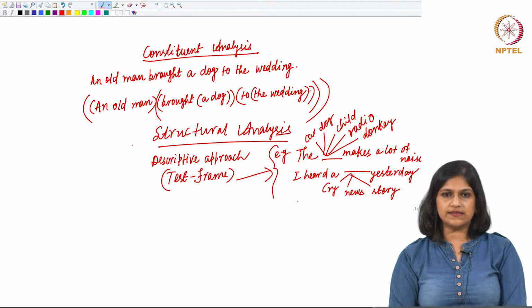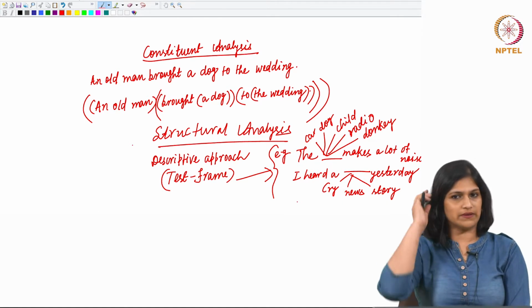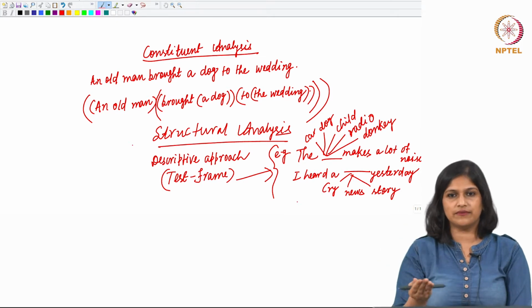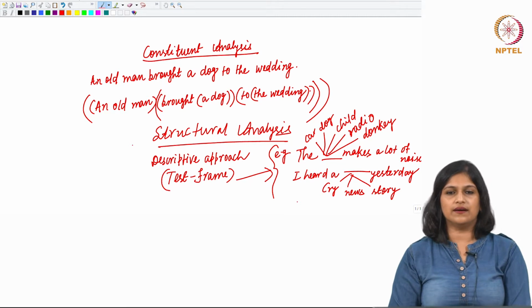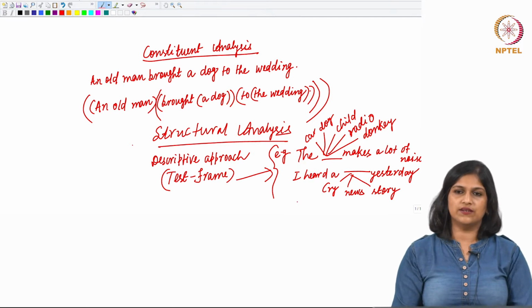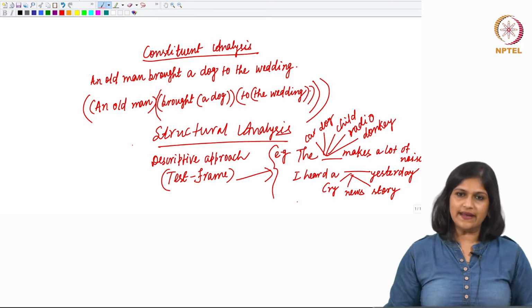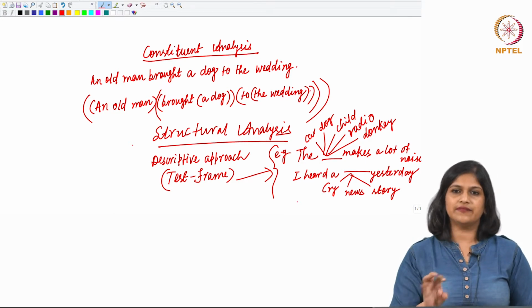Okay. What is a constituent? When you are thinking about the descriptive approach, then to understand syntax, you need to find out, when you are arranging words, whether they follow a certain pattern. The answer is yes. Within that pattern, can you have subunits?